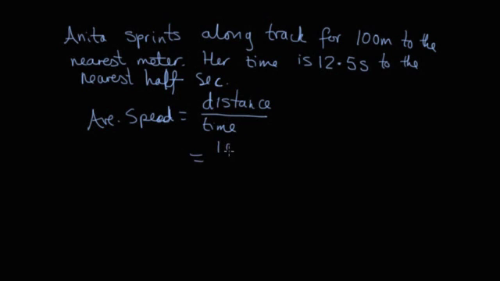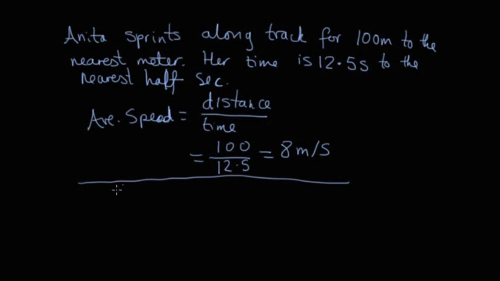So the distance is 100 meters, the time is 12.5, so her speed would be 8 meters per second. However, as we said, in real life situations, it's rarely the case. What are the upper and lower bounds on her distance?